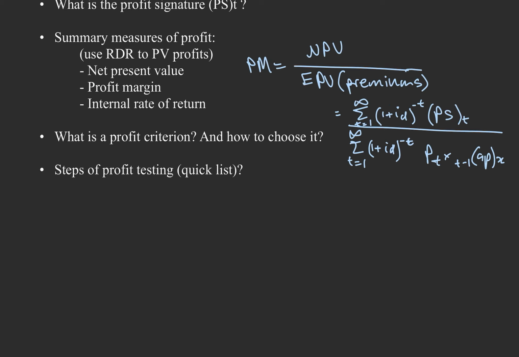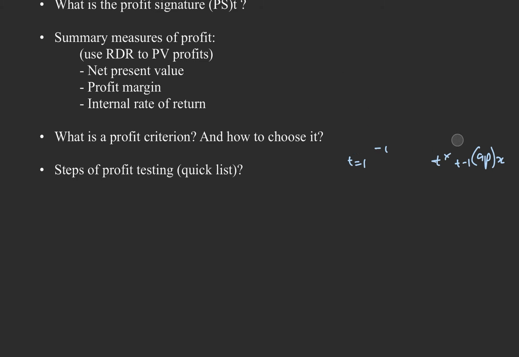Okay. Now, the internal rate of return is another measure of profit. And what this is, it's the interest rate that satisfies this equation: the net present value equal to 0. Okay, so here the net present value was calculated using the risk discount rate.